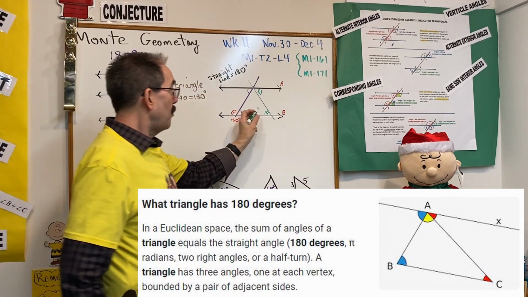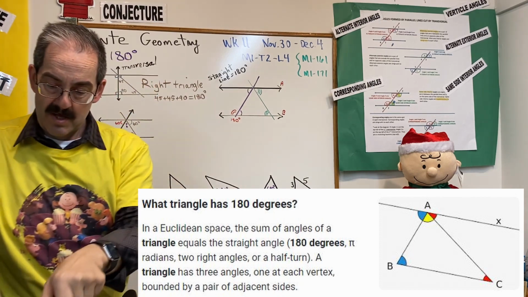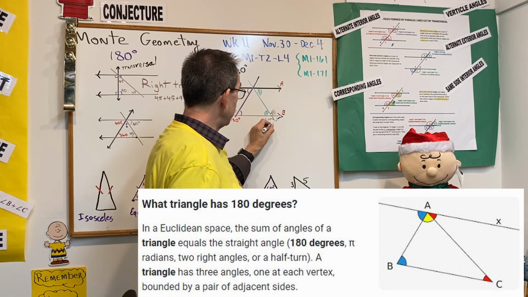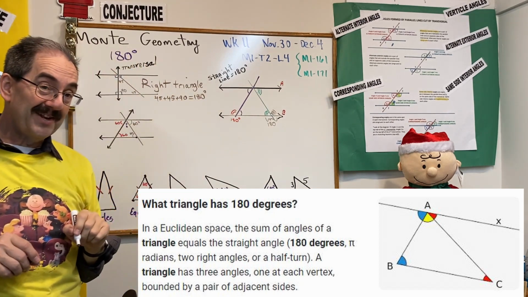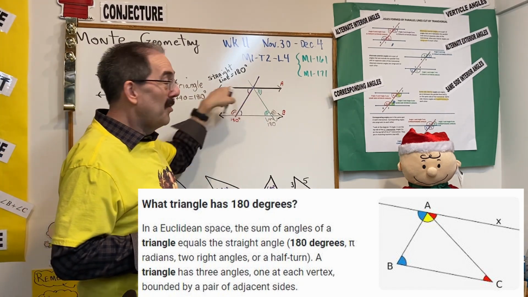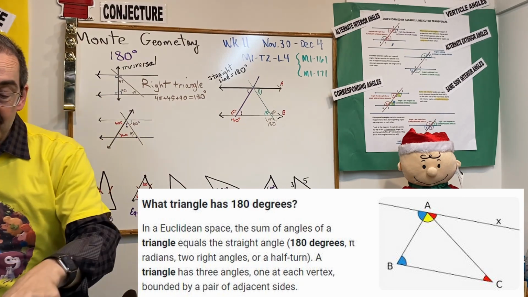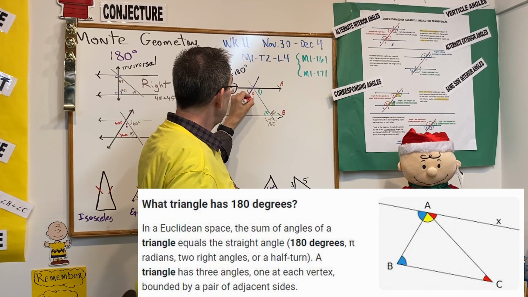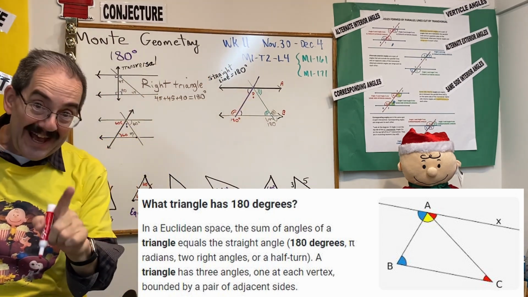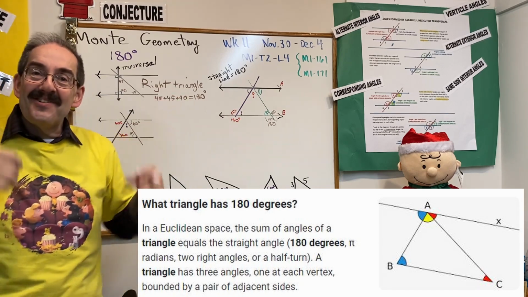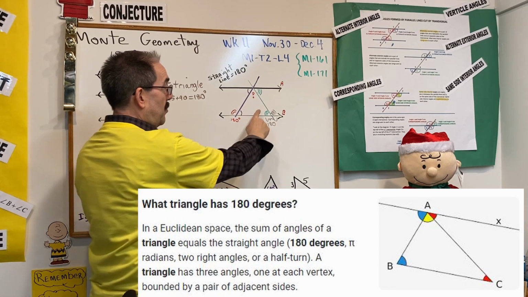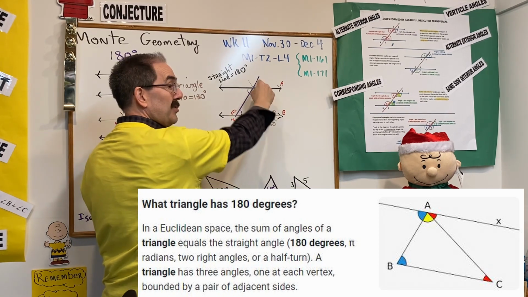We already know this is 180 degrees. This is 180 degrees. We know that a straight line is 180 degrees. So the actual measure right here has to be whatever's left to make 180 degrees. These two make 180, these two make 180. We know that that goes there, alternate interior.